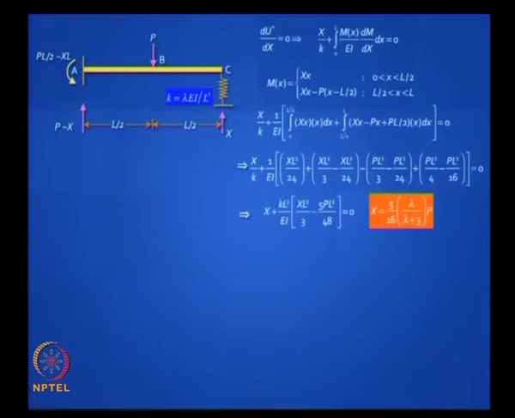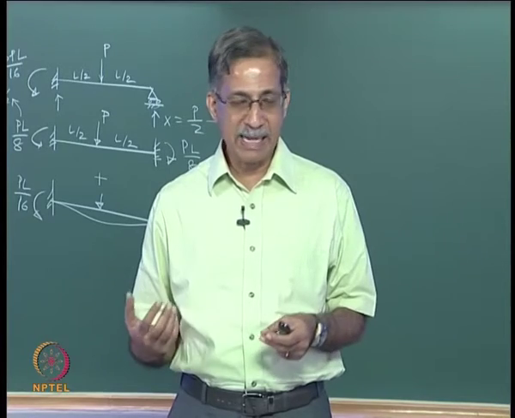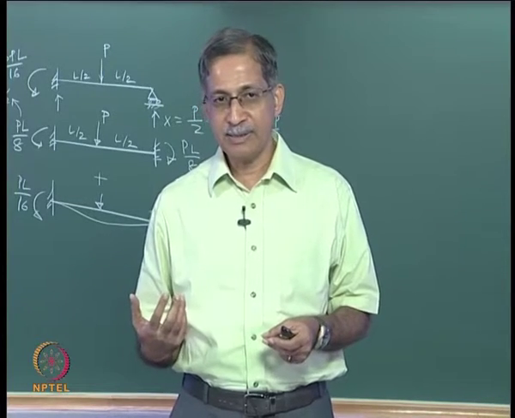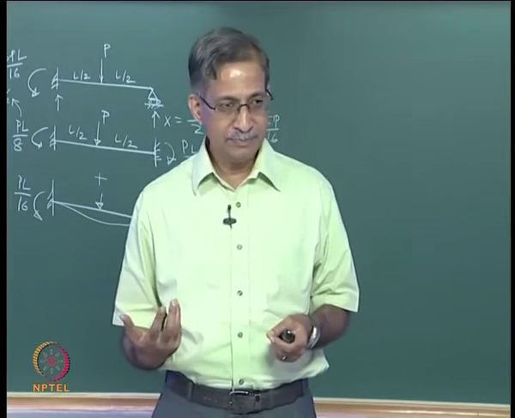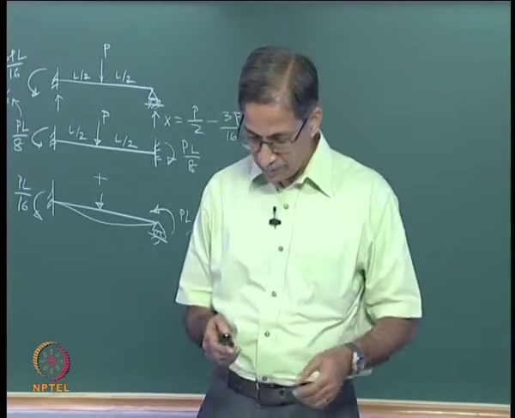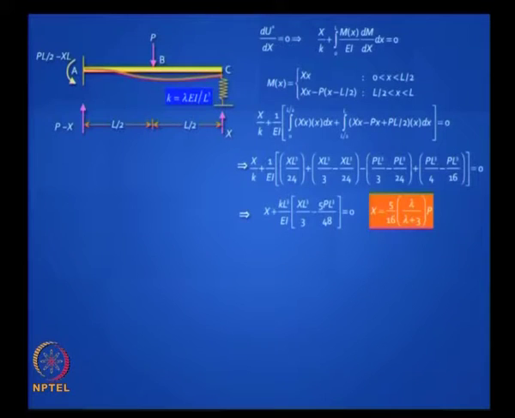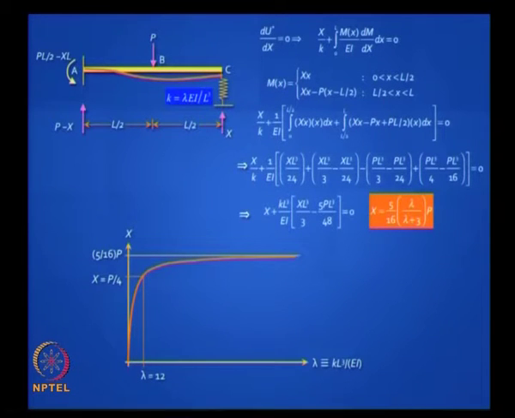The stiffness parameters in the beam are related to EI by L. So let the spring stiffness be lambda times EI by L cubed. I have chosen lambda in a manner that it is non-dimensional. So it will be interesting to plot this relationship, and you will find the relationship is non-linear, as he rightly said.